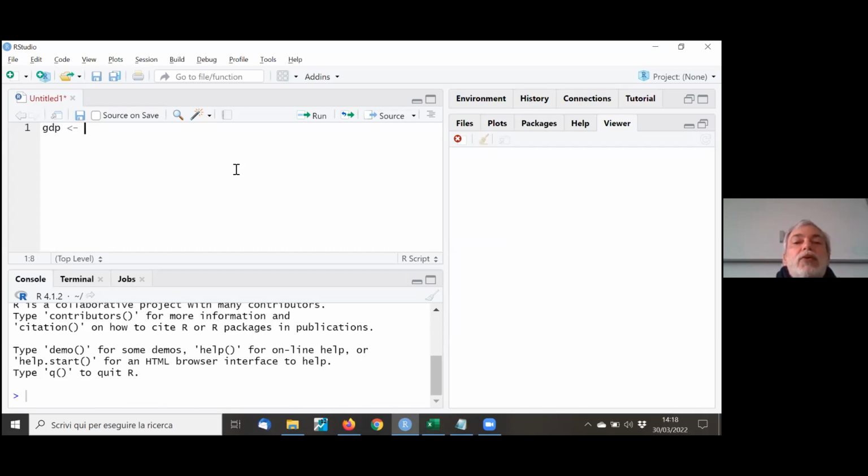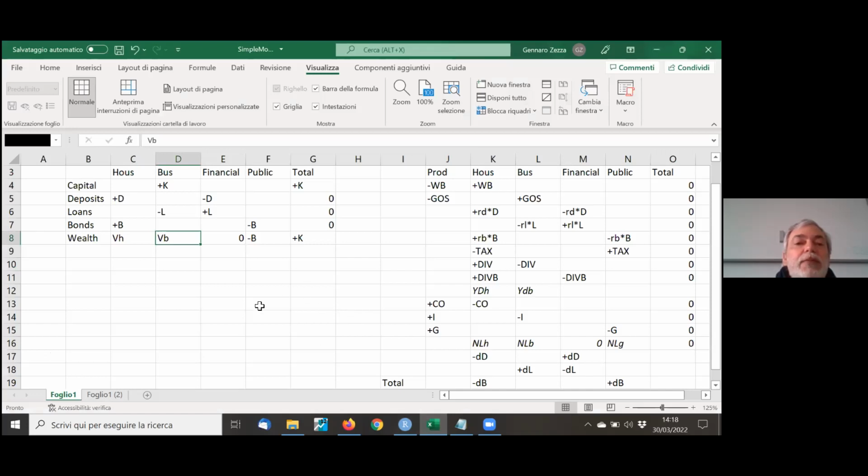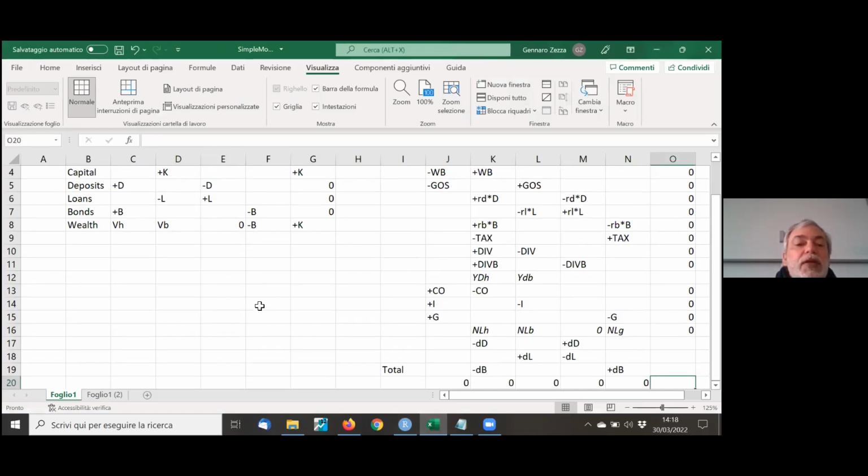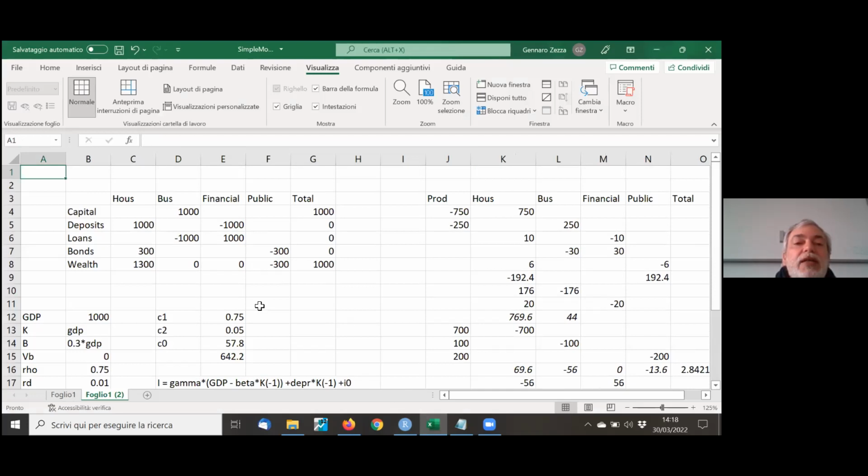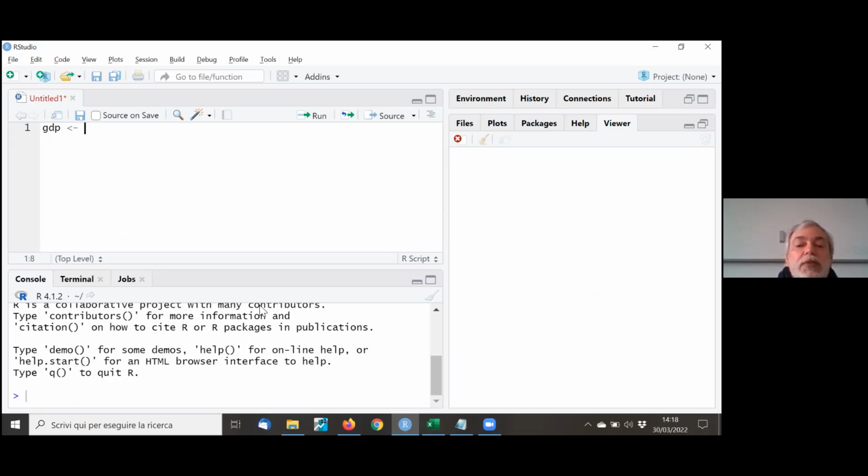But look, the philosophy I adopt is to use the same sequence we have done to put numbers into these matrices and then find the values. So we started from a benchmark value for GDP.